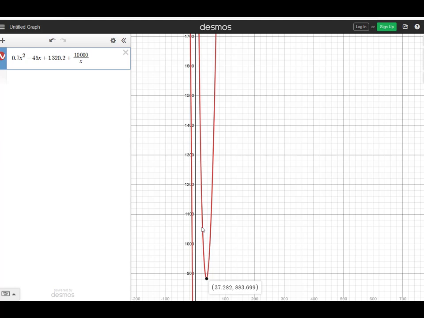If you manufacture too few, you're paying for equipment that's not being used, or you're overpaying employees and they're not having to do the work. Anything past 37, again, your costs are going to go up. Maybe you're using more electricity because you're producing too many, and lots of factors would play into why 37 would be the ideal number. But for us, we just know that based on the graph, graphically, that is the best option.